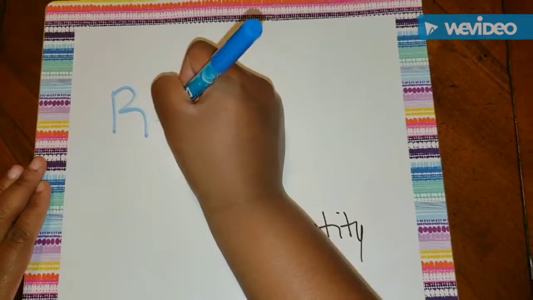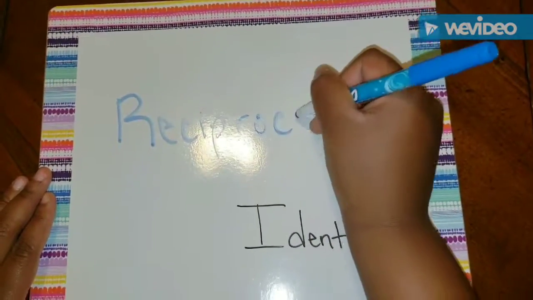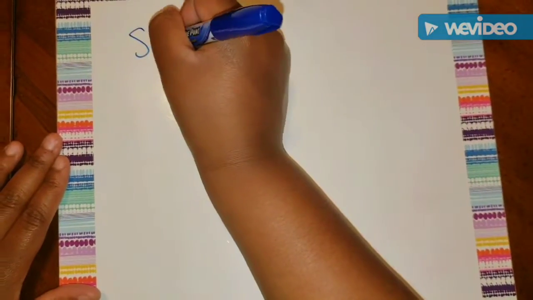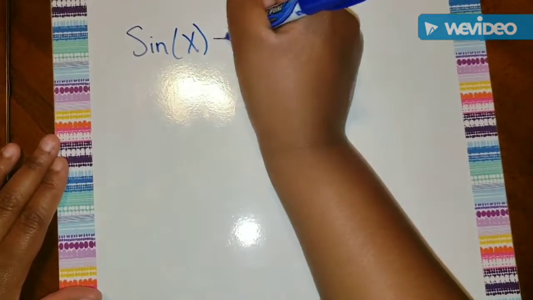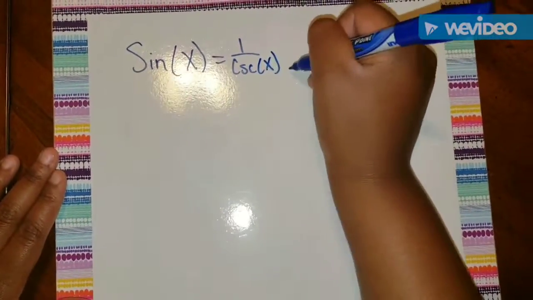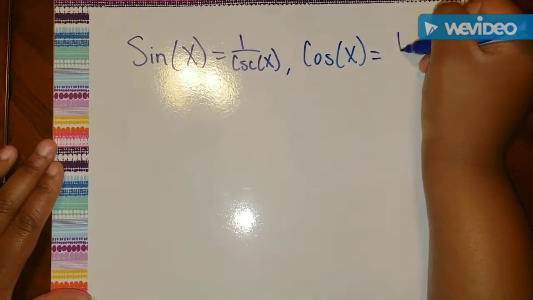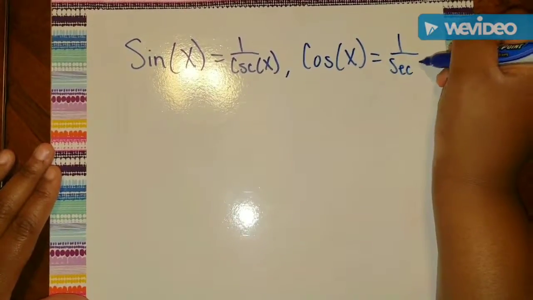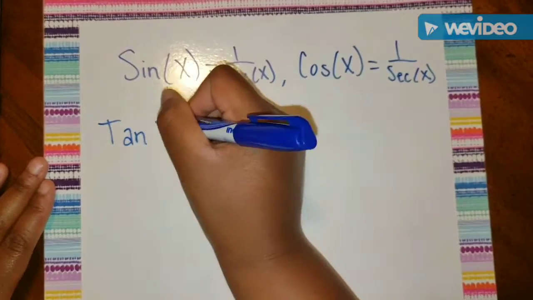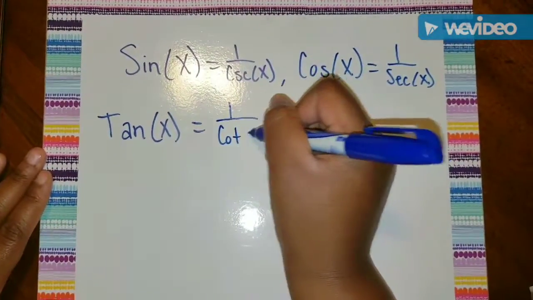So now let's go into our next identity, which is the reciprocal identity. So these are all the identities. Sine x is equivalent to 1 over cosecant x. Cosine x is equivalent to 1 over the secant x. Tan x is equivalent to 1 over the cotangent x.